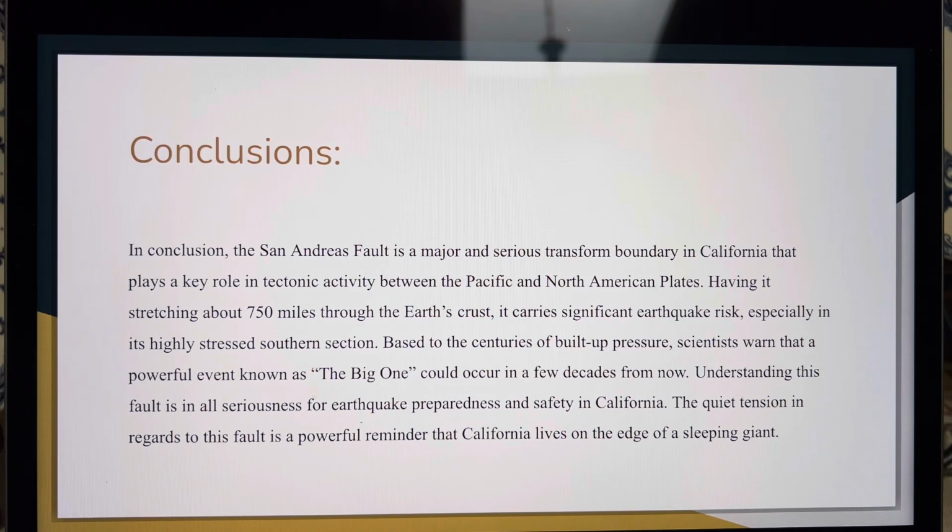Based on centuries of built-up pressure, scientists warn that a powerful event known as the big one could occur in a few decades from now. Understanding this fault is, in all seriousness, important for earthquake preparation and safety in California. The quiet tension in the fault is a powerful reminder that California is on the edge of a sleeping giant.